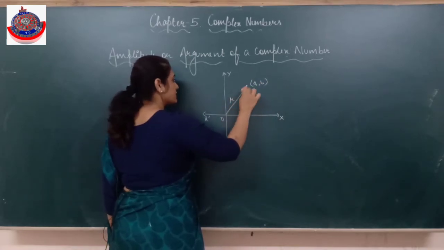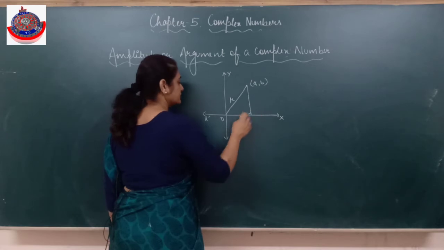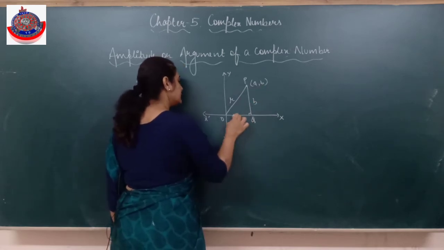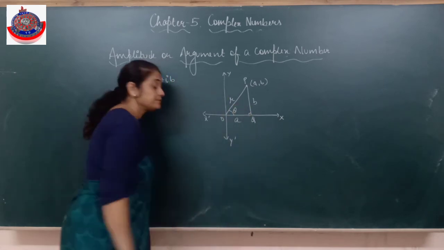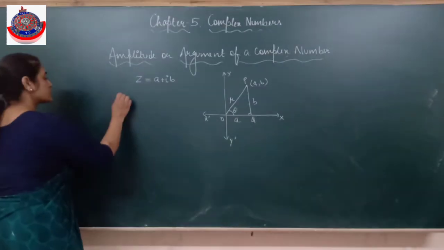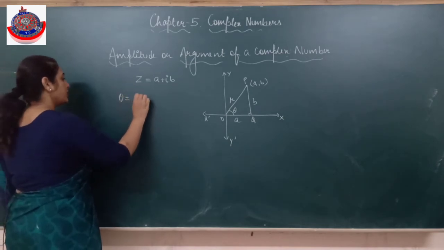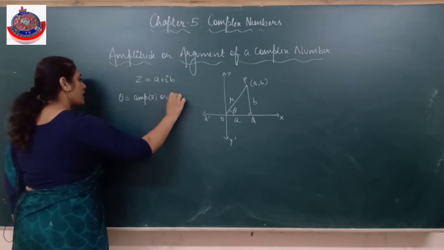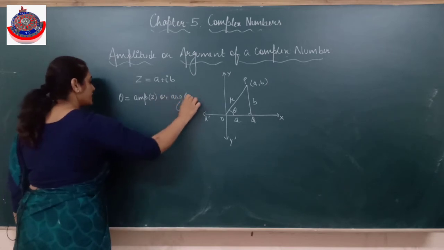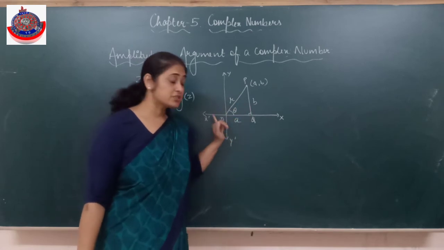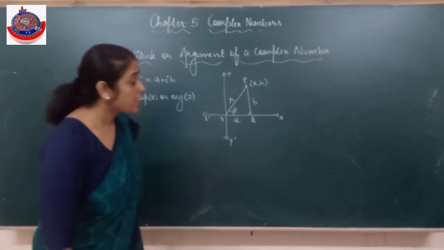This is r, this is a, and this is theta, which is the amplitude. Alright, theta is written like this: amplitude of z or argument of z. The angle which the modulus, this line, makes with the positive direction of the x-axis, that is called amplitude.